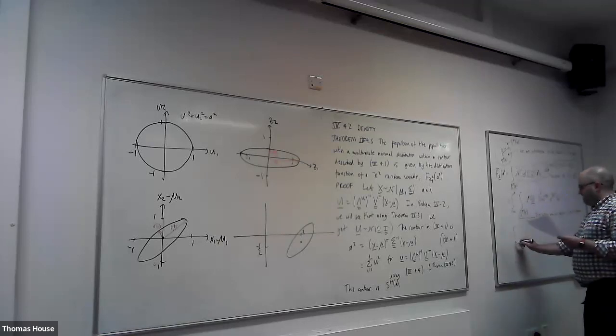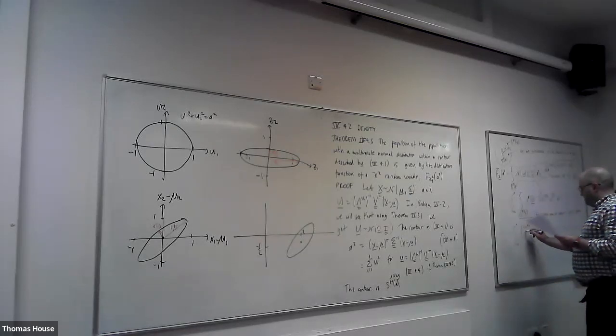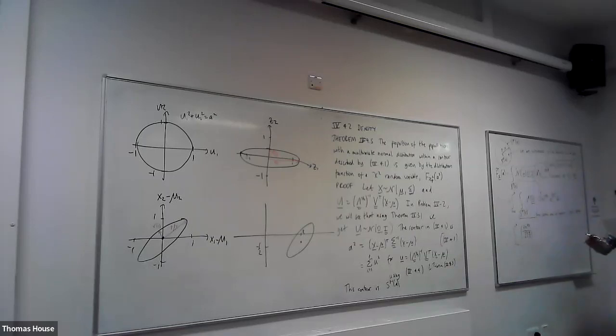That is the integral from r equals 0 to a of 2 pi to the p over 2 divided by the gamma function. Yeah, if you don't know what a gamma function is, don't worry. It's just a function that turns up in the integration of the sphere.